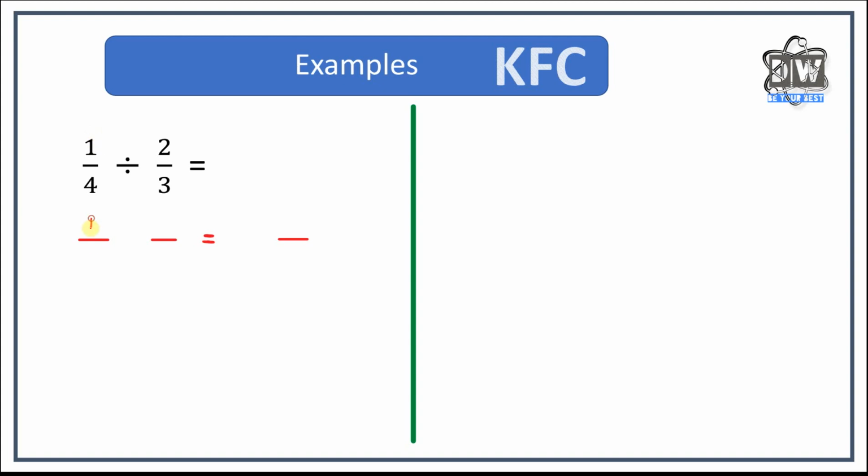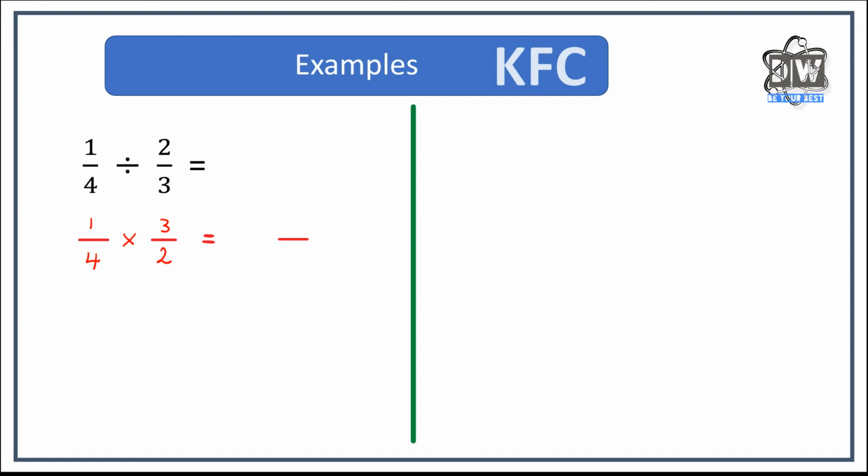1/4 will be 1/4 because we're going to keep it. We're going to flip this back fraction, so it'll be 3/2. And then we're going to change the symbol. Now, with multiplication, all we do is times the top and times the bottom.